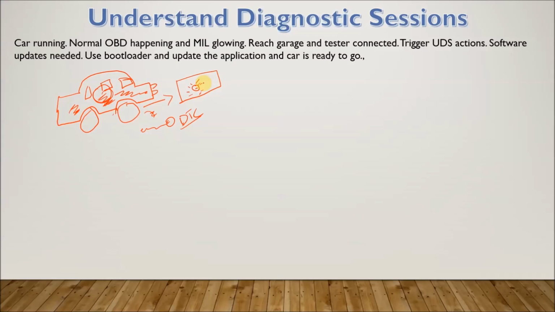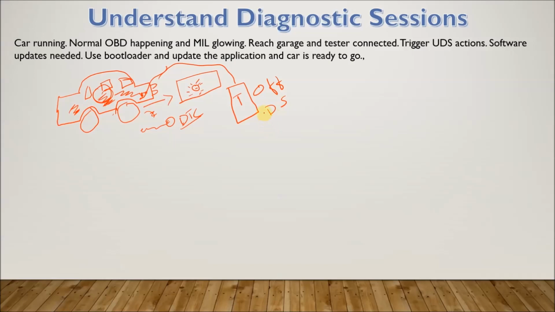Once you go to the garage, how does the testing technician find out what the problem is? He'll come, there is an OBD port here in the car, so he will connect a tester tool to it, and he will say, okay, I need to perform the offboard diagnostics now.